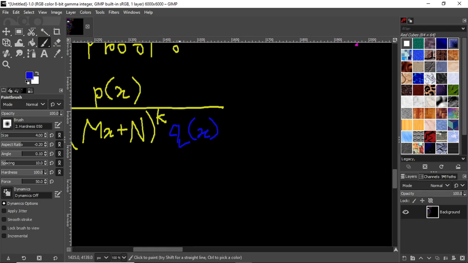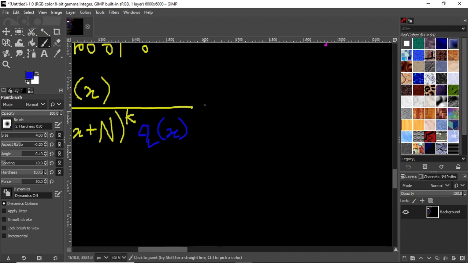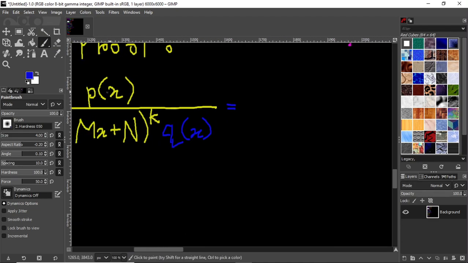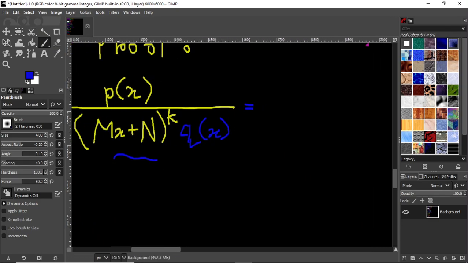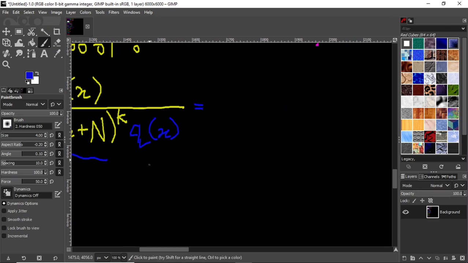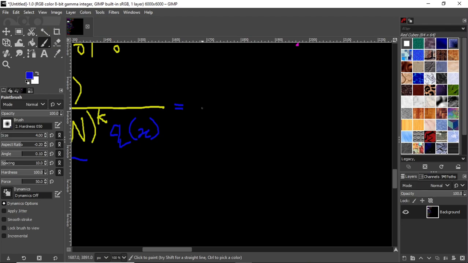So what we can do, if we break this into partial fractions, I'm assuming p has a lower order than the denominator. Anyways, if we break this down into partial fractions, what we get is some constant, say a1, divided by mx plus n, plus some constant a2 divided by mx plus n squared.